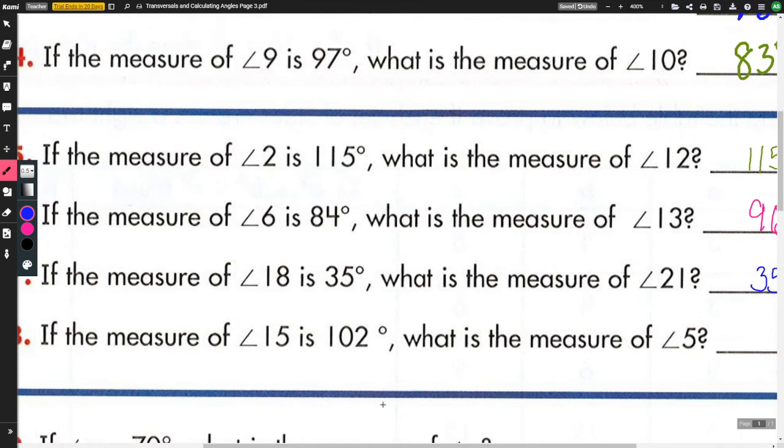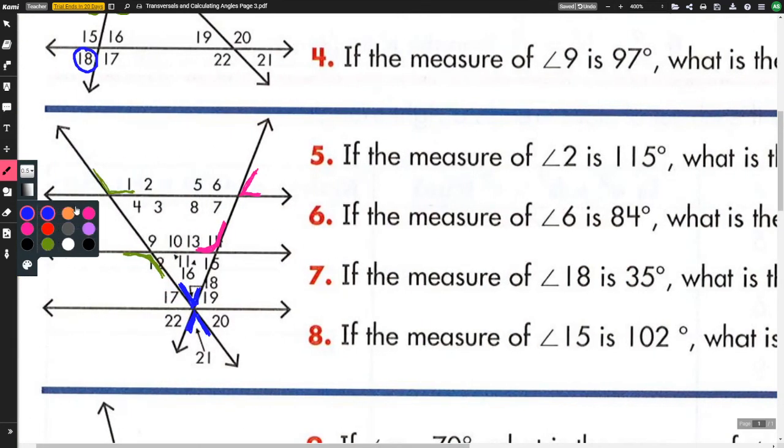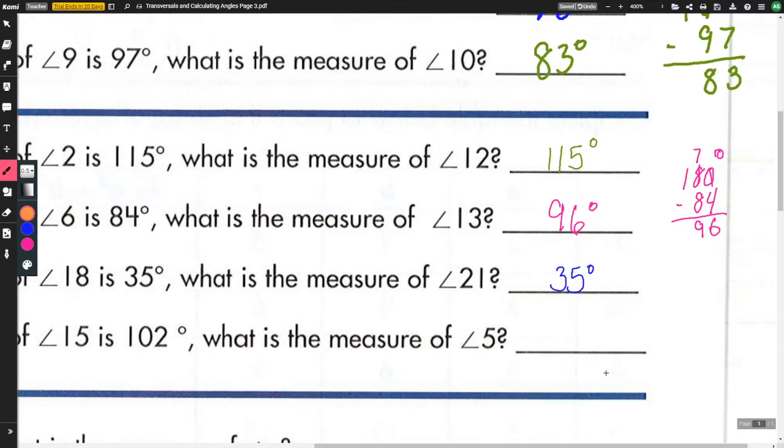The measure of angle 15 is 102. What is the measure of angle 5? 15 is this one right here, and 5 is this one right here. They're both on the outside of these parallel lines, and they're on alternating sides of the transversal, which means these are alternate exterior angles, and alternate exterior angles are the same measurement.